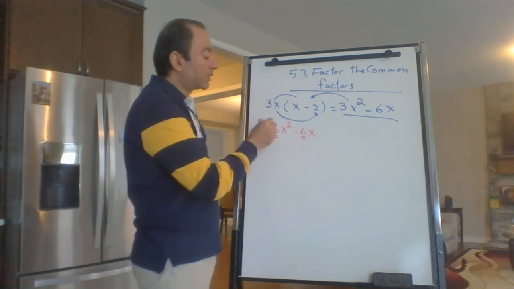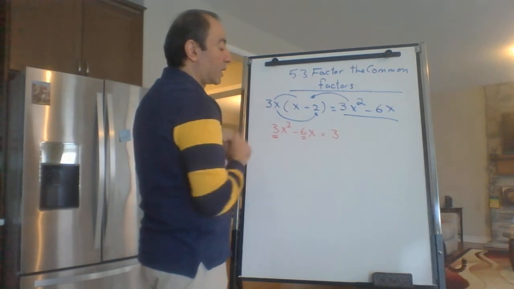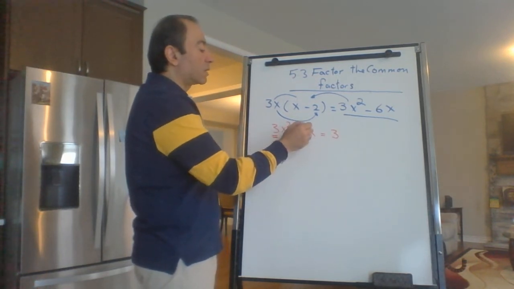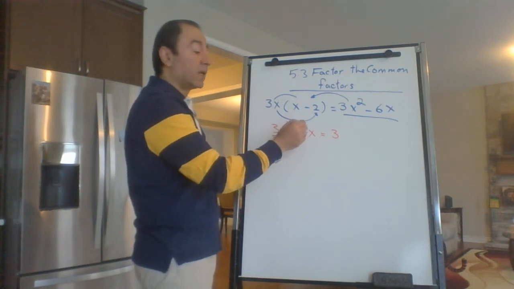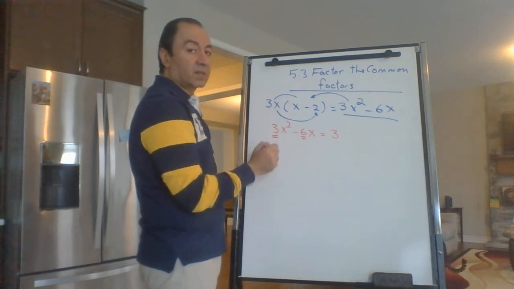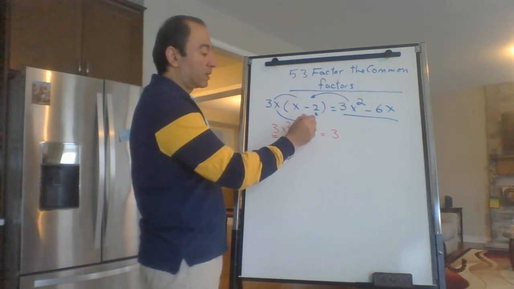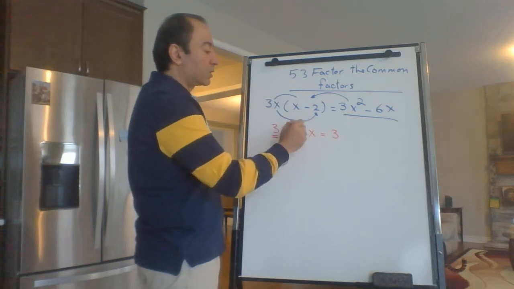The highest number that can divide 3 and 6. It is 3. Then I want to see what is the highest divisor for x and x squared. It is always the variable with the lower exponent, with the less exponent. So x is to the power of 1, this is the one with the less exponent, so this is the common.